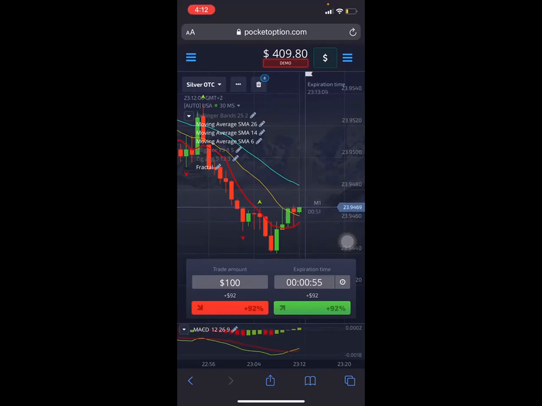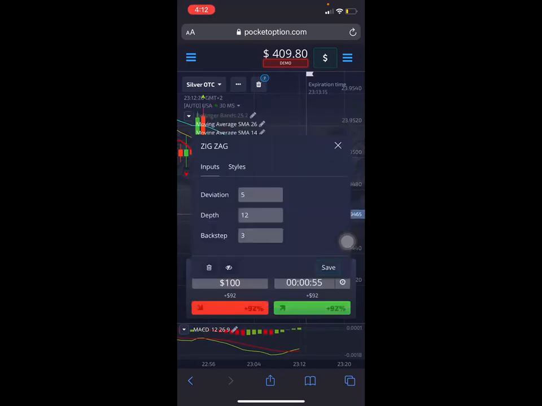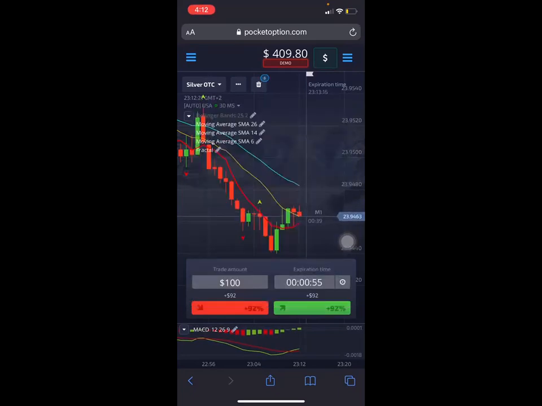You're really throwing yourself off. So take the alligator, delete that. The Zigzag, delete that. Bollinger Bands, delete that. And then change these moving averages to EMAs.